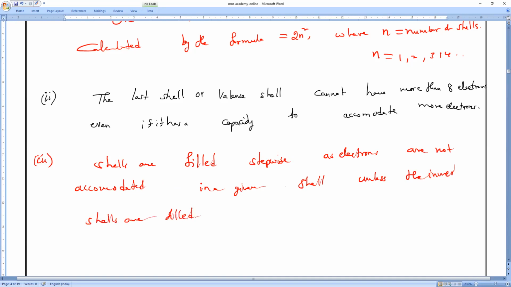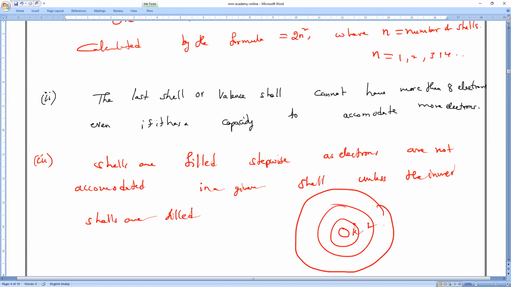For example, there are two shells. Without filling the K shell, electrons won't fill in the L shell. Without filling the L shell, electrons won't come into the M shell. So without filling the inner shell, it won't come up. That is what you have to remember. Clear, everybody? Yes, please.